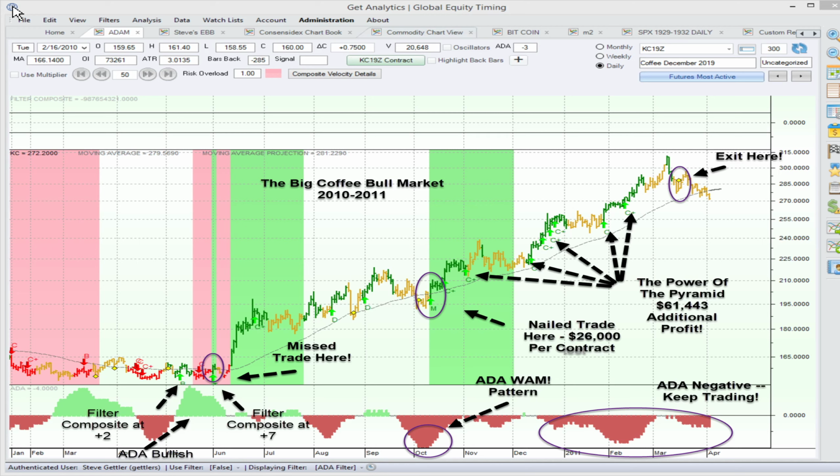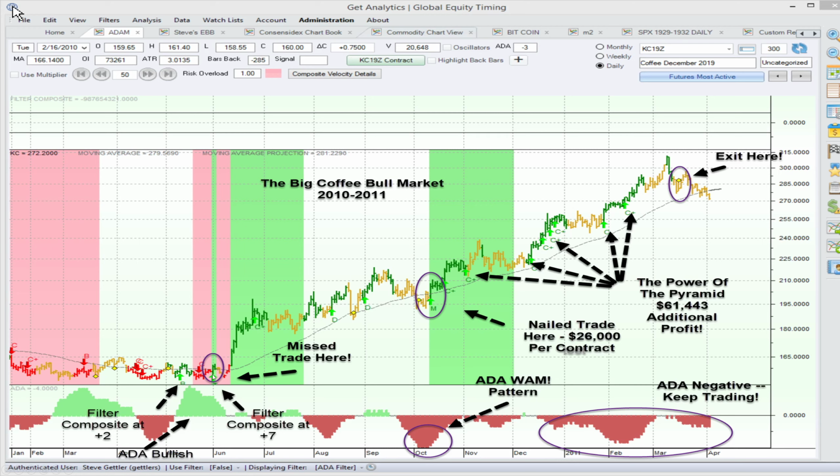Great moves in coffee do not happen very frequently, but when they do, wow, watch out. There's huge profit opportunities, and the best way to know that is usually ADA will give you an alert one way or the other, either through the normal ADA powerful accumulation or through ADA with extreme sell-off pressure, which we call the ADA wham pattern.